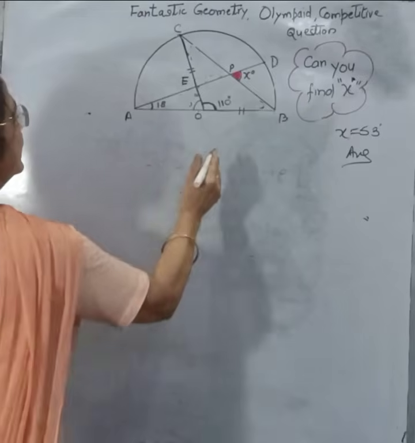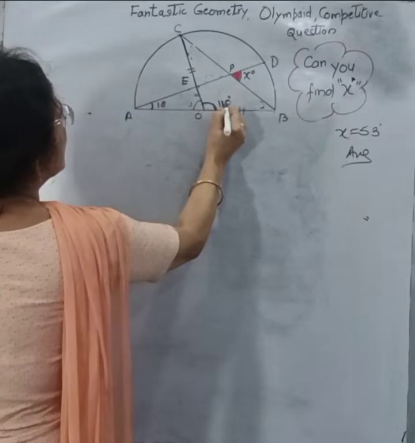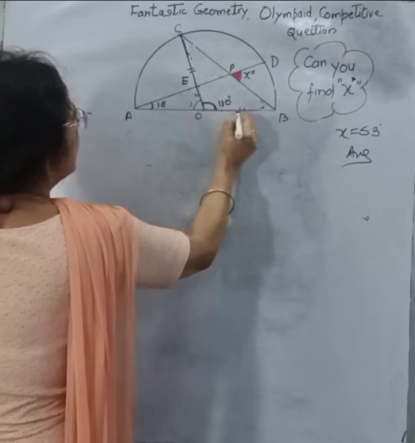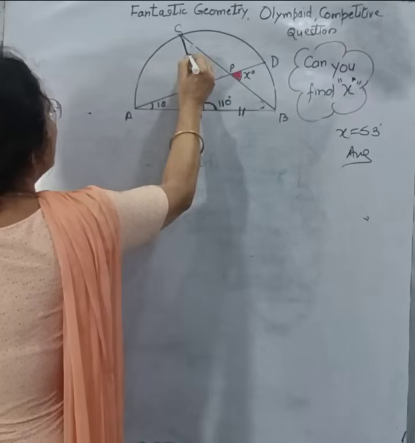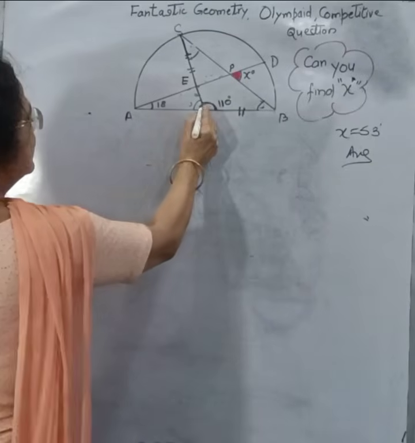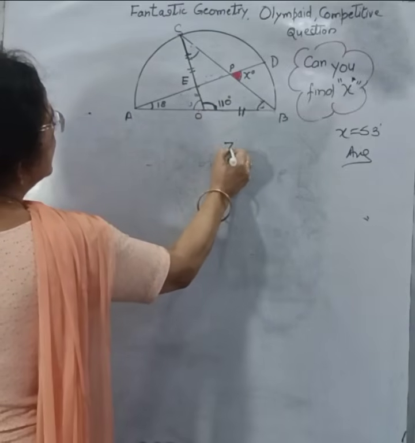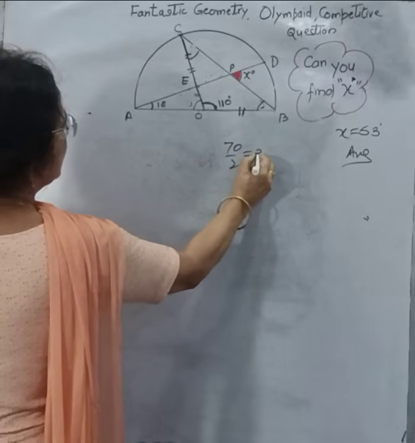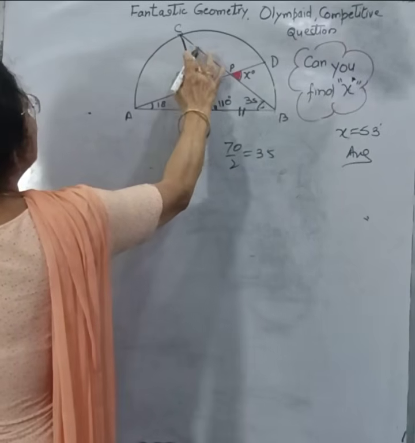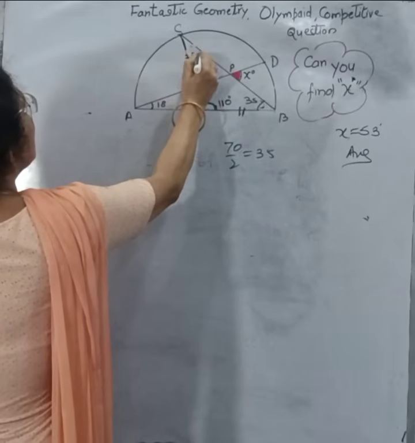Okay, correct. This was given to us because in this triangle OCE, because this is radius, so this angle will be equal to this. It means this is 110, so this will be 70 by 2, that is 35. Each angle will be equal to 35. Okay, this angle will become 35.